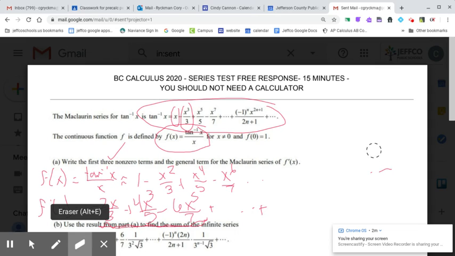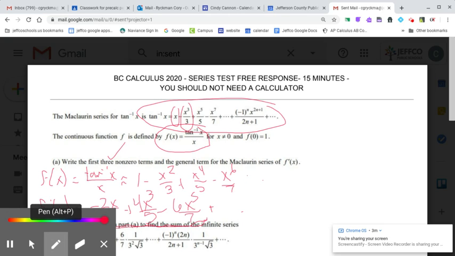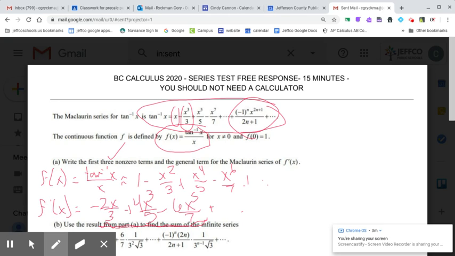All right. The general term derivative: when I divided out an x, negative 1 to the n stayed, and I reduced this by 1, so it became x to the 2n plus 1 reduced by 1, so x to the 2n over 2n plus 1.